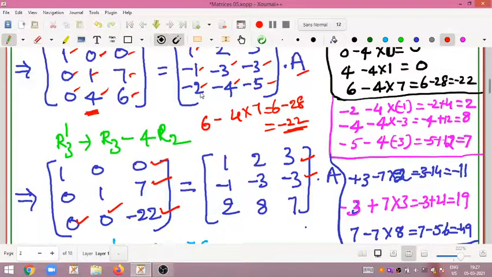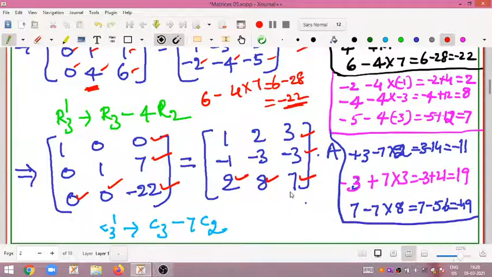See here, first one minus 2 minus 4 into 1 becomes plus 4. Minus 2 plus 4 becomes 2. Again minus 4, minus of minus plus, 4 3 are 12. So minus 4 plus 12, 8 I wrote here. Again minus 5 plus 3 4 are 12. Minus 5 plus 12, 7 I wrote here.